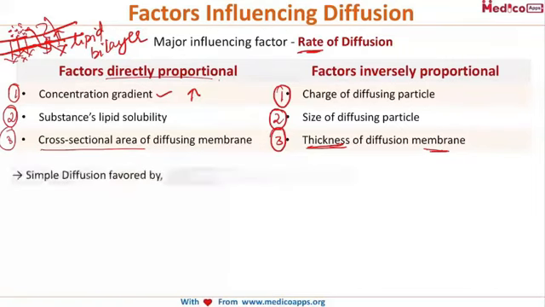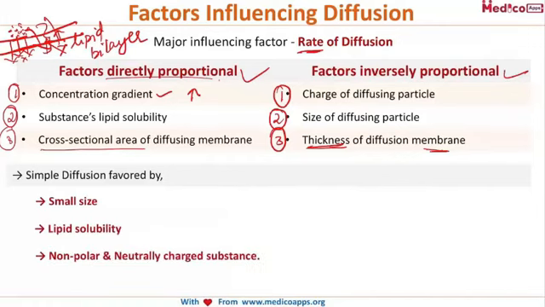Now, simple diffusion is favored by, depending on these factors which we have learned, we can easily understand smaller size will be favorable, right, more lipid solubility is favorable, non-polar and neutrally charged substances will not face any hindrance while passing through the membrane, and the membrane itself should be thin with a large surface area, right.